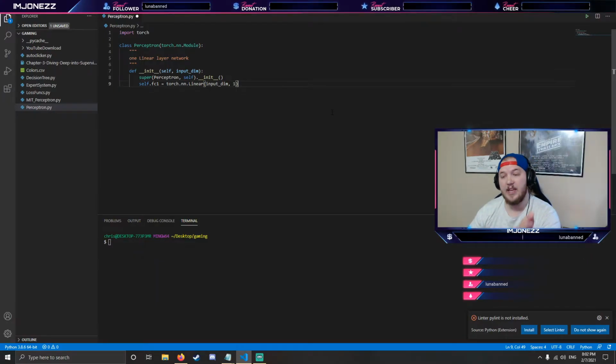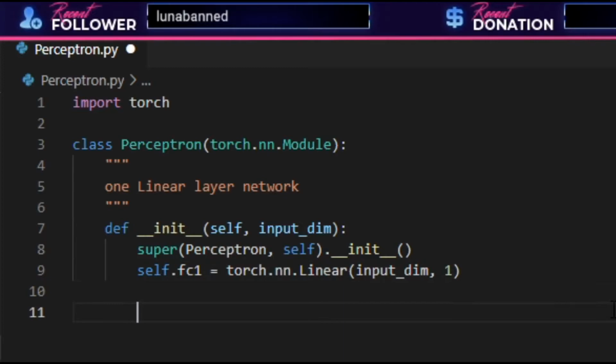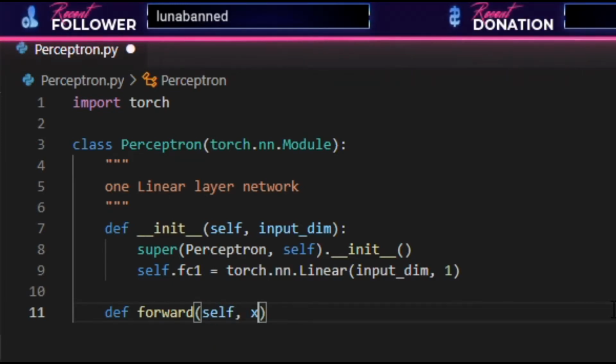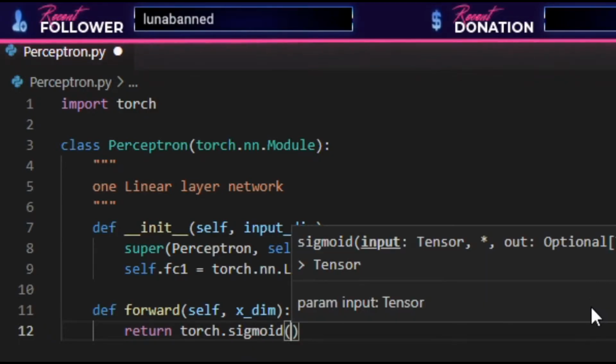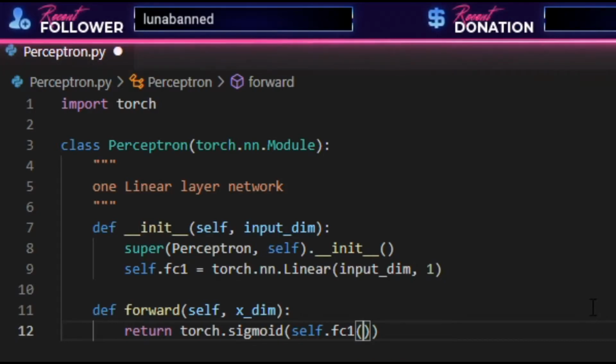So this is our Perceptron. This whole thing right here, one line of code. I know that TensorFlow has something similar for it if you like TensorFlow. So our forward function is going to take self, obviously, and we're going to call this xdim, and we will return torch.sigmoid of self.fc1 on xdim.